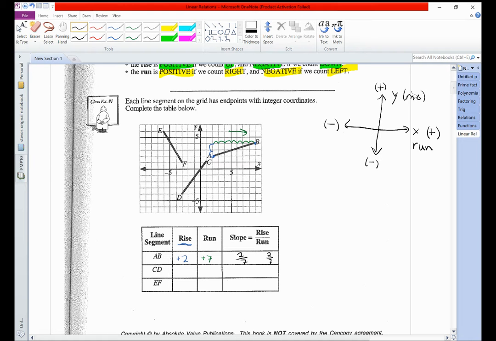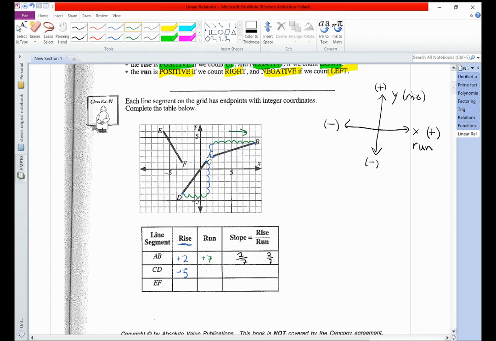We can look at the slope of line segment CD. We're starting at C and we're going to D. Let's look at the rise first. Now we actually have to go down 1, 2, 3, 4, 5 jumps. So we went down 5, which is negative 5. And our run now is going to be 1, 2, 3, 4.